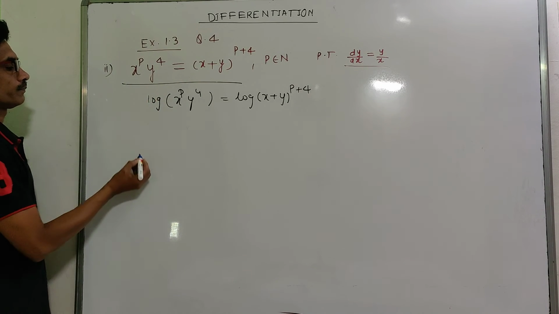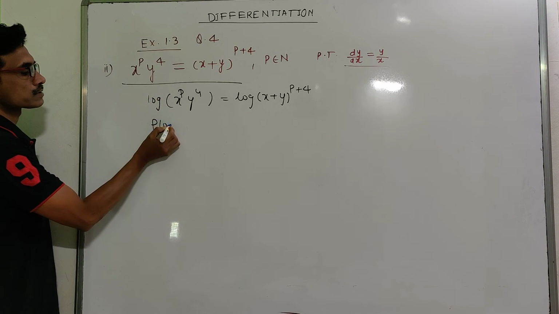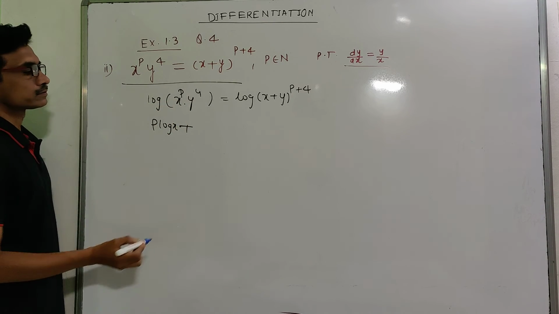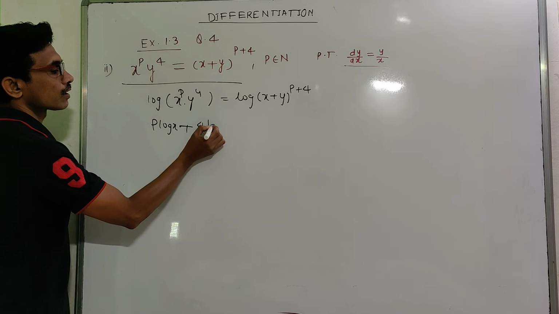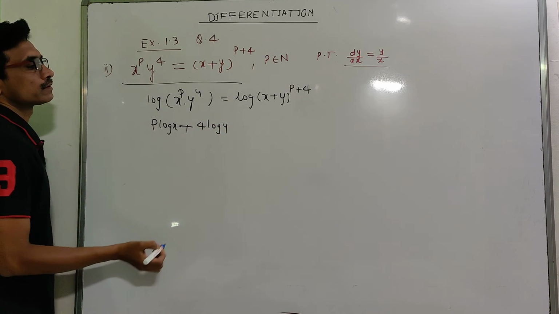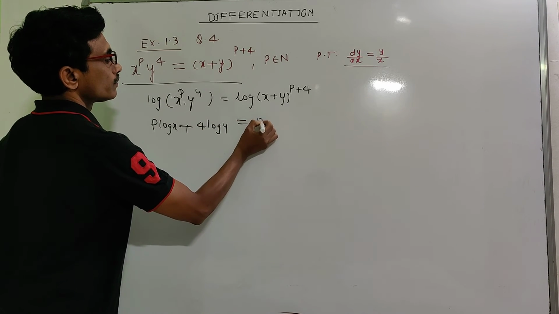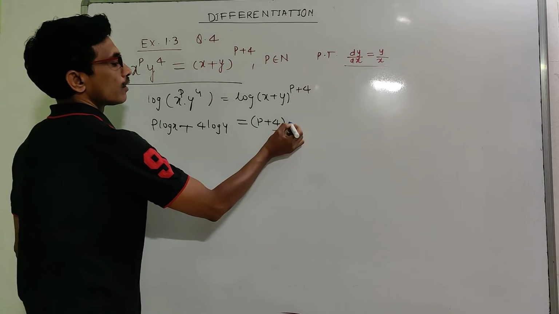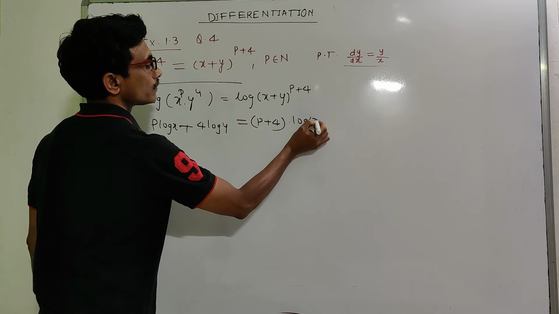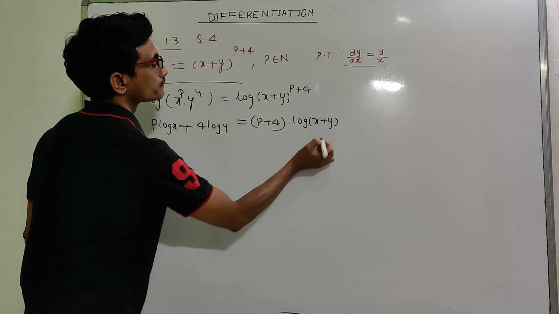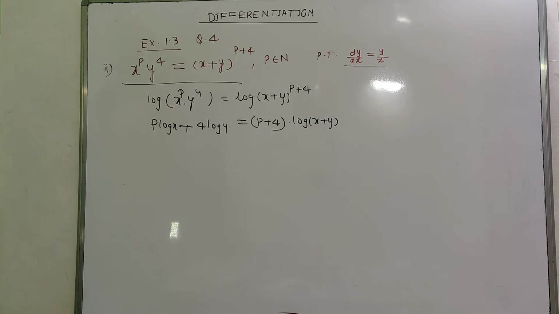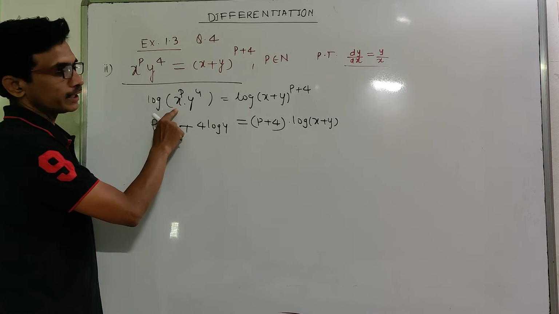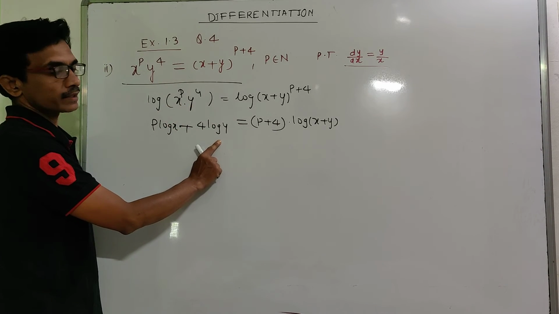Simplify it: p log x plus, here is a product, 4 log y is equal to (p plus 4) into log of (x plus y). Now this is the simplification. Log of m into n is log m plus log n.